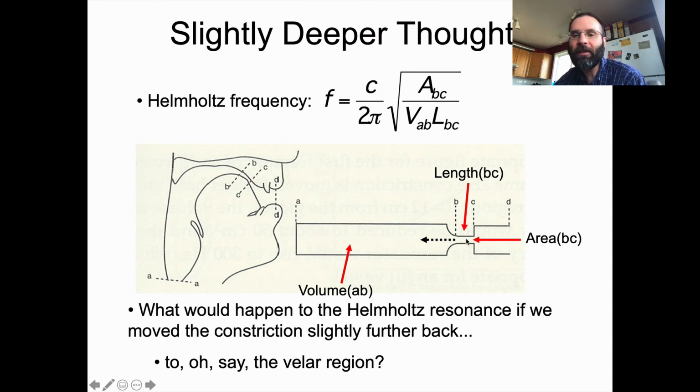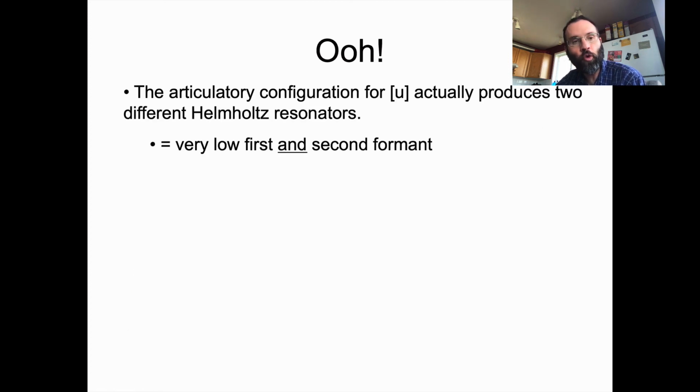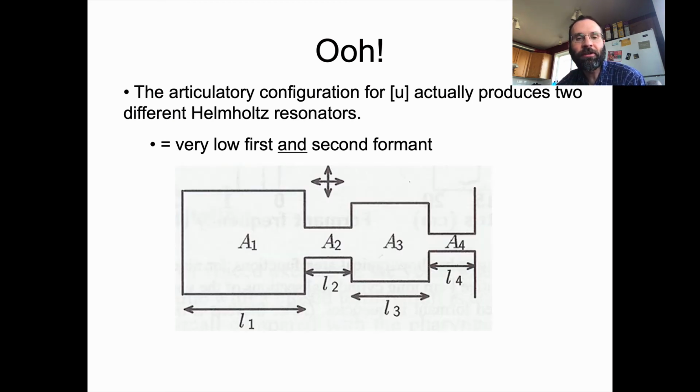This would be like moving from an E to an U type vowel, an unrounded high back vowel. But normally, we actually produce an U, which has rounding at the front of the vocal tract. And when you produce that rounding, you're getting a second Helmholtz resonator into play because you're creating two narrow constrictions when you produce that vowel.